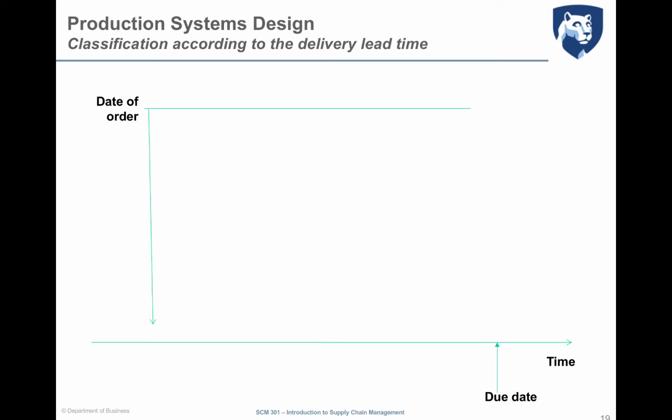So this is the time in which the customer puts the order, and that's the due date. So the customer asks for the product here and would like the product to be delivered on this date. So this is the customer desired lead time, okay? So that's the time that the customer allows you to realize the product.